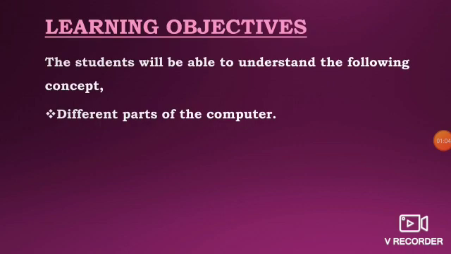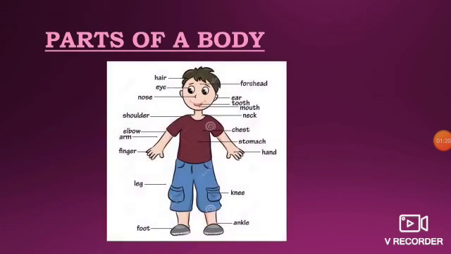So far we learnt what the uses of computers are, isn't it? Today we are going to learn what all the parts are that a computer has. Before moving to that, let us look at this one. These are the parts of a body, isn't it, children? We have many parts, and each part does different functions.